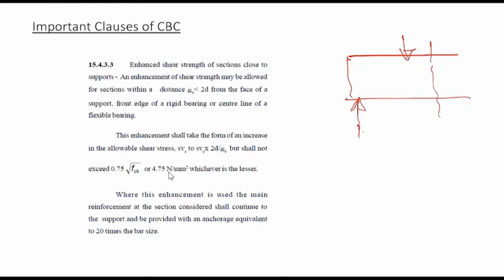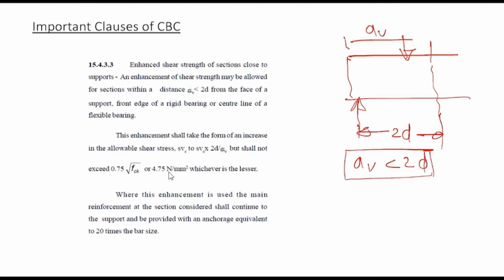Suppose this is 2d, and this is av. If this av is less than 2d, then since the load will directly go to the support, the shear strength at this location will be higher than at other locations. So we will have to take this action also into account.